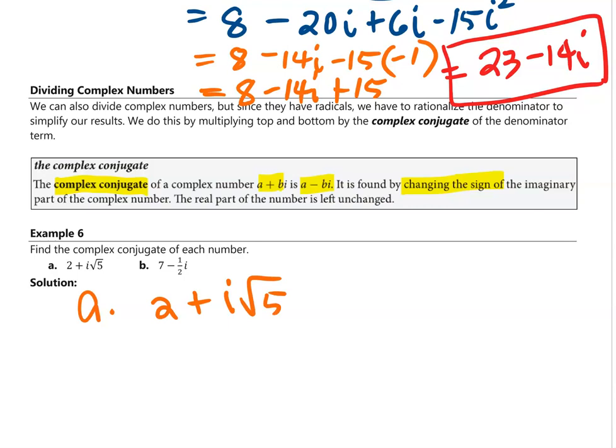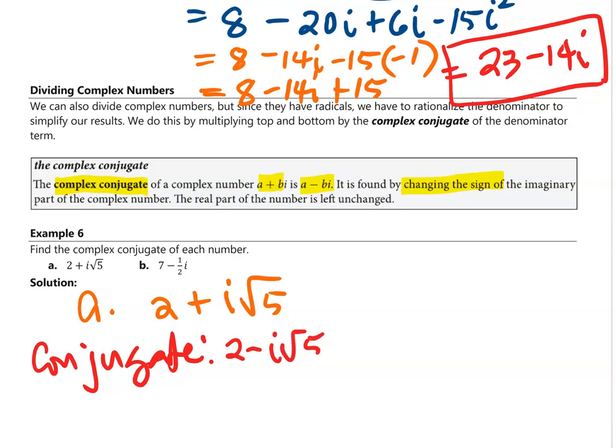And the conjugate is, it says, by changing the sign of the imaginary part. So this is plus i square root of 5, so it's going to be 2 minus i square root of 5.